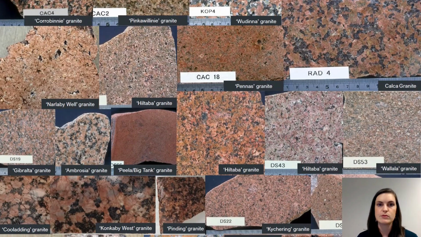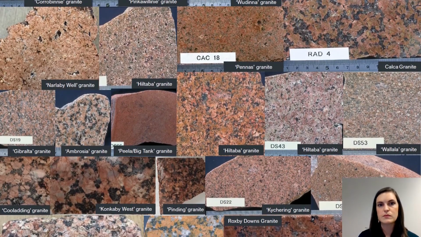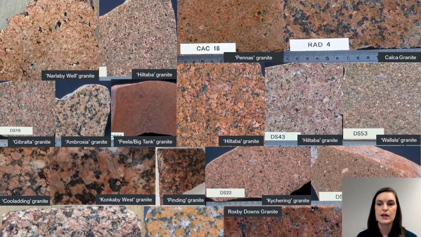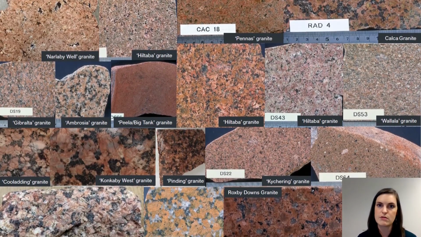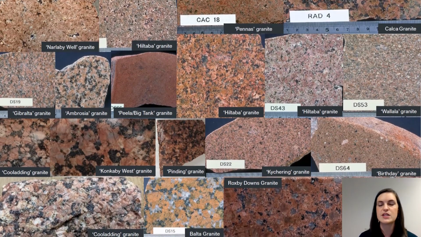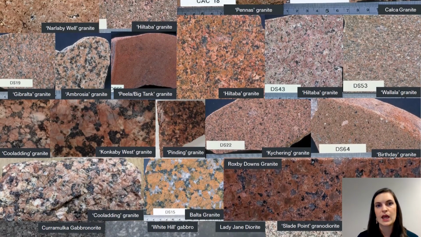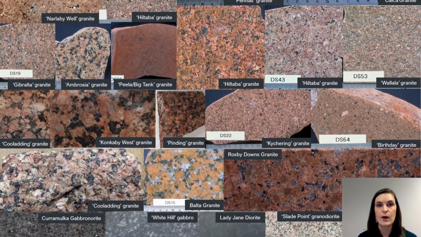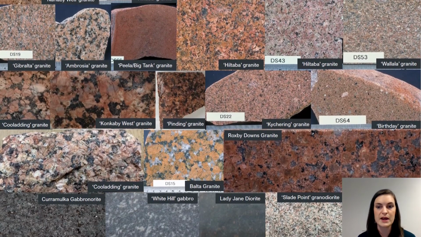Some of the examples have also been classified as I-types. There is a small amount and volume of mafic rocks in the Hiltaba Suite, which occur as both plutons and dikes. Intermediate compositions are quite rare, and the only known occurrences result from magma mingling.